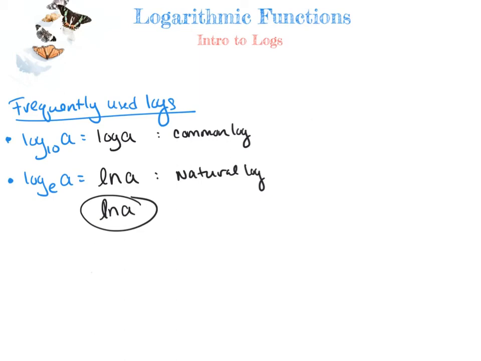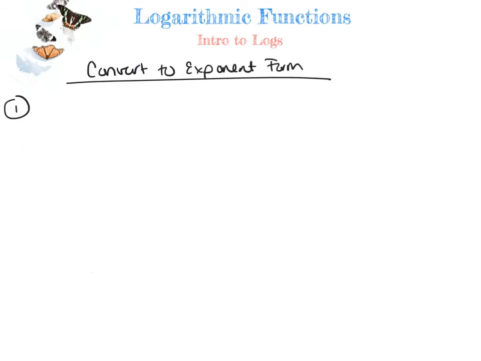Let's do some problems where we go back the other way from log form into exponent form. All right, first one I want to do when we convert to exponent form, let's do log base 2 of 1/16 equals -4. Okay, so I'm coming up with a true statement, and I just need to convert it into exponent form. In the same way I was doing before, I start at the base.